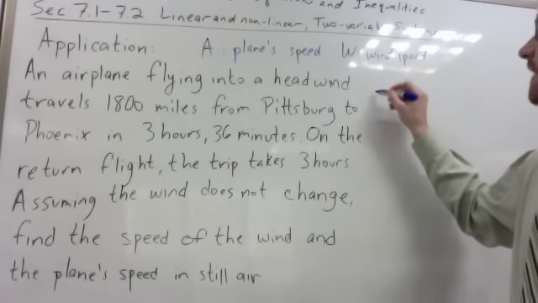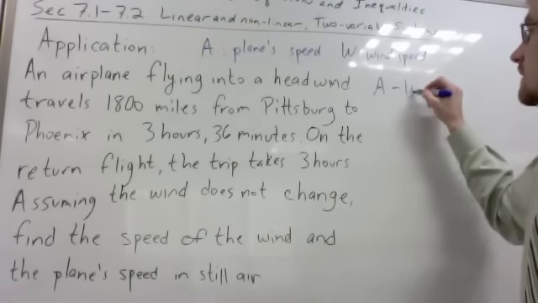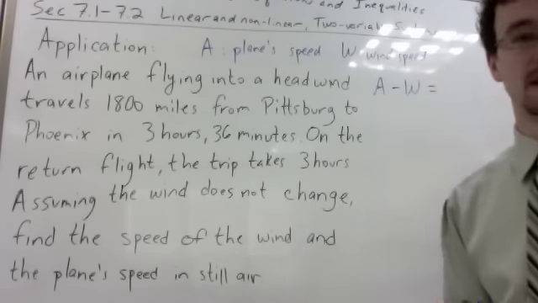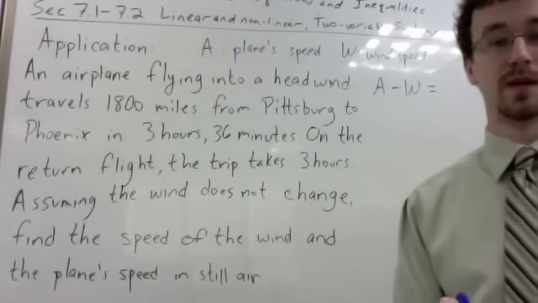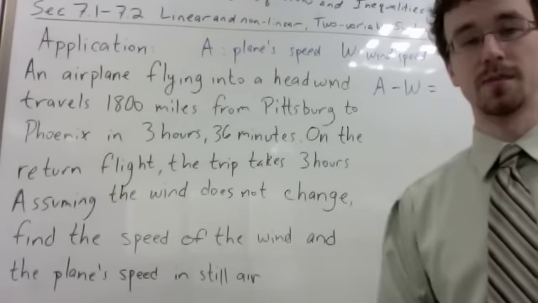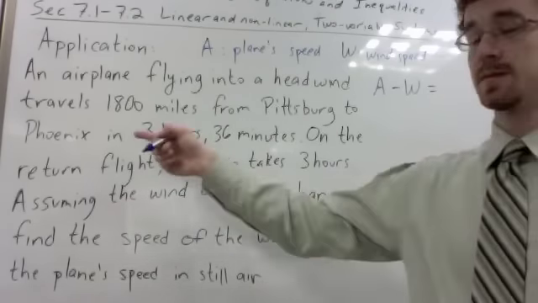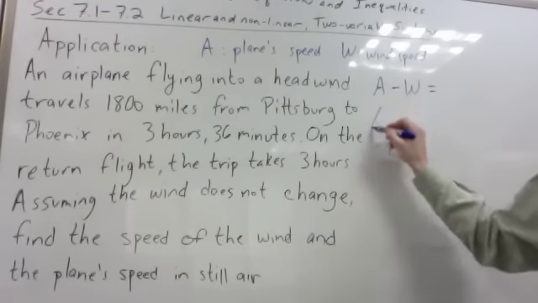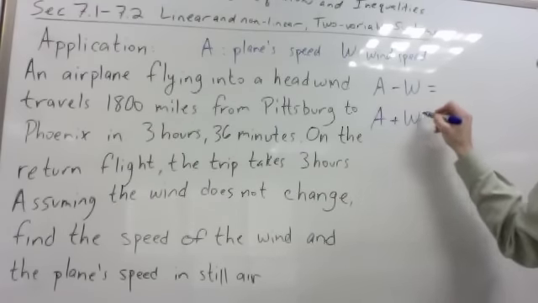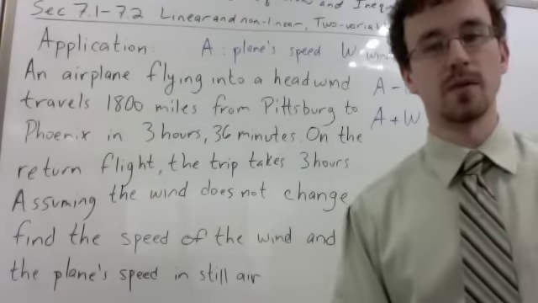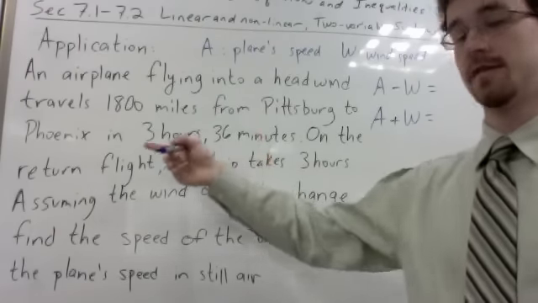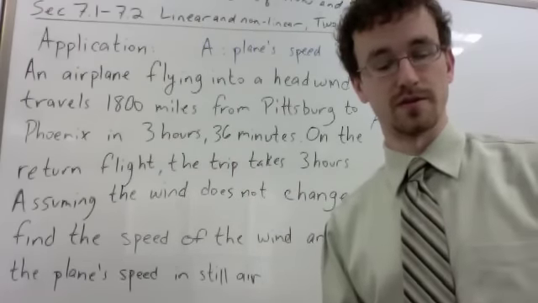So we have the plane speed minus the wind speed is going to be equal to the rate at which the plane went from Pittsburgh to Phoenix, and the speed of the plane plus the speed of the wind is going to be the rate at which the plane traveled from Phoenix to Pittsburgh on the return flight.